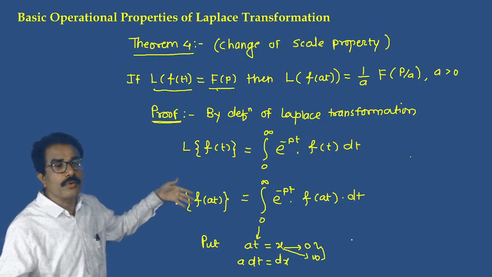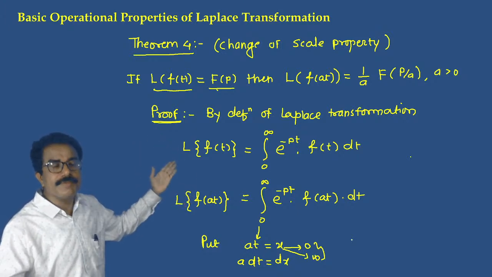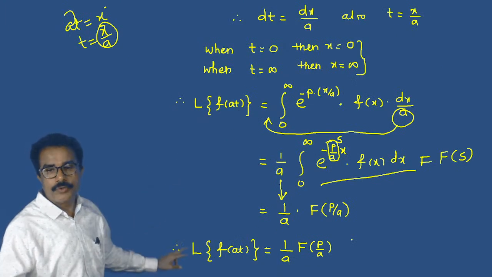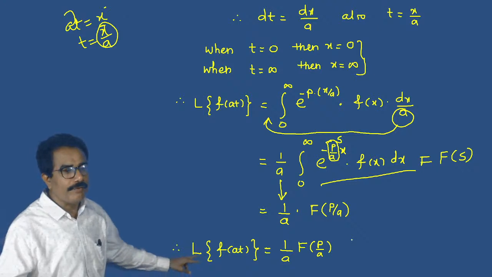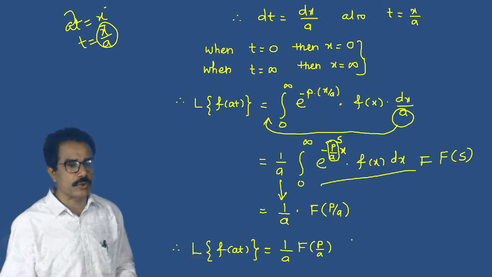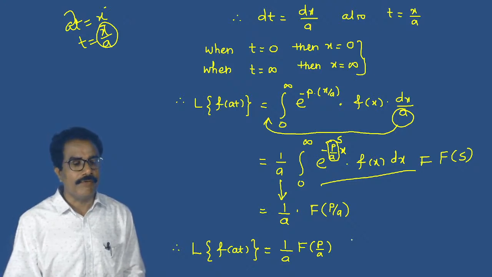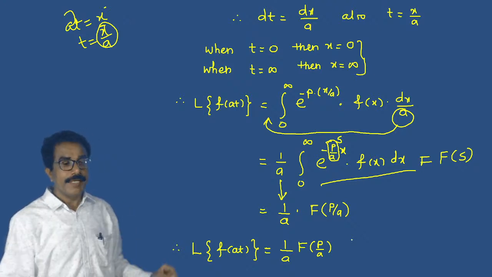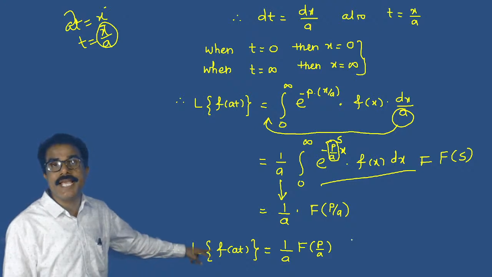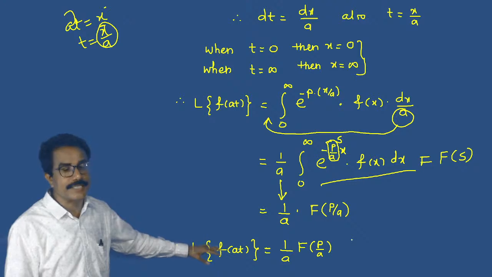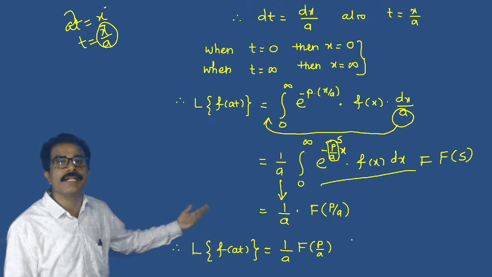You have to solve a number of problems based on this change of scale property, so you must understand this. L of f of at is equals to 1 upon a into F of p by a. Here the variable is t and the remaining are constants, whether real or complex.